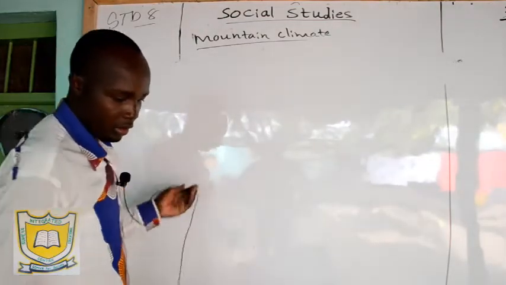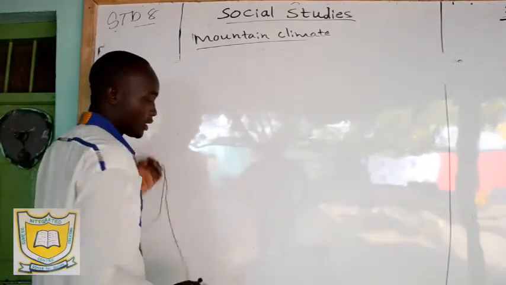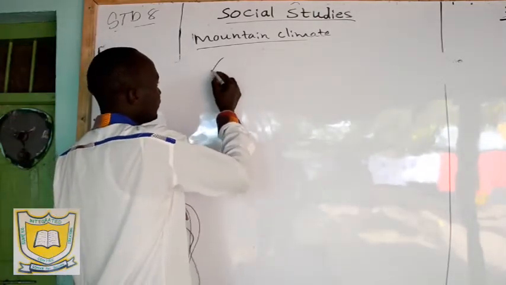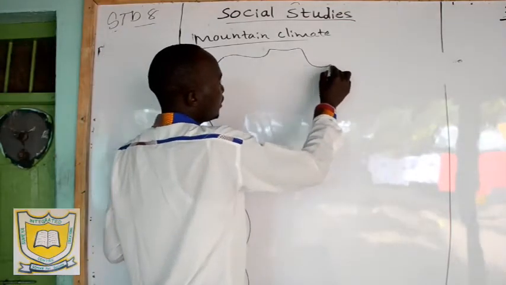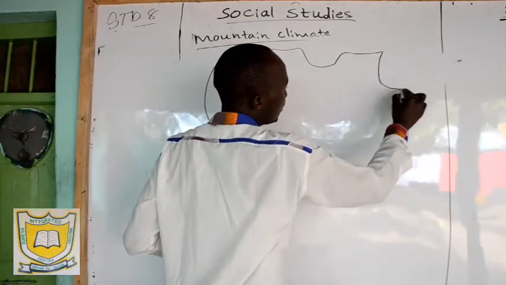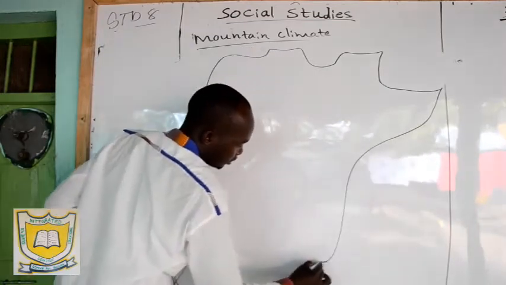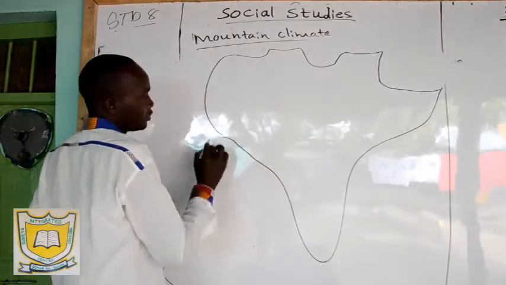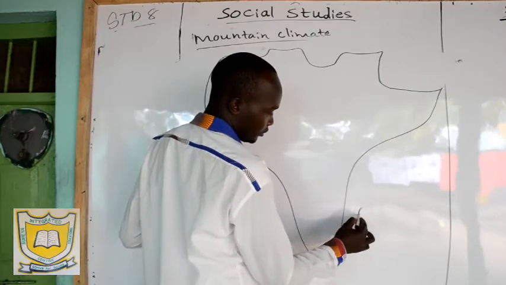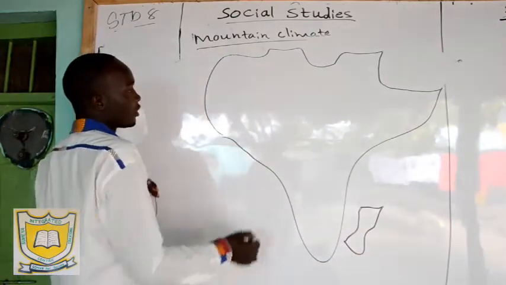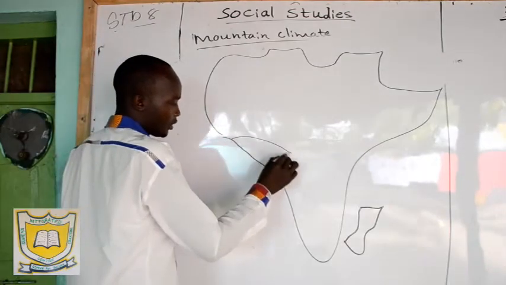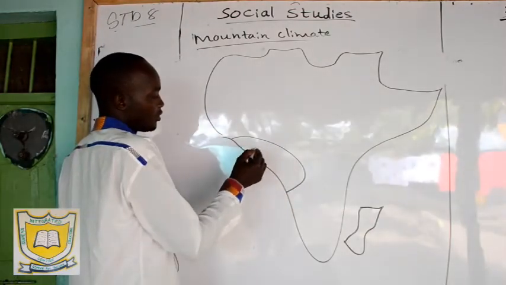Now, this one was Eastern Africa. Now let us look at Africa. If maybe I can draw something like this. So, we have some climatic zones like this one.